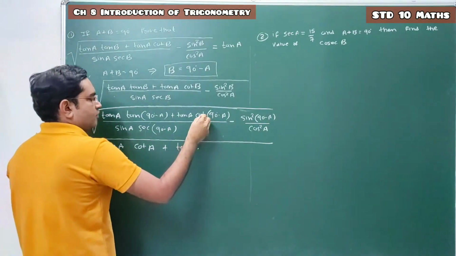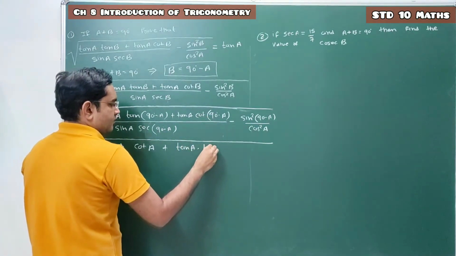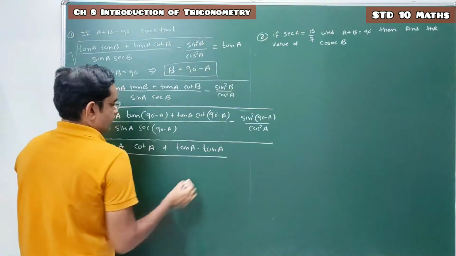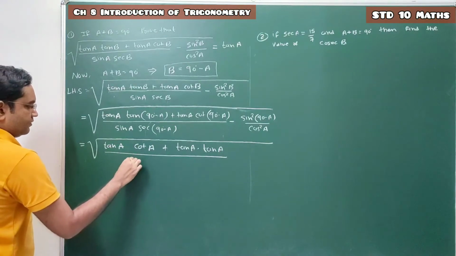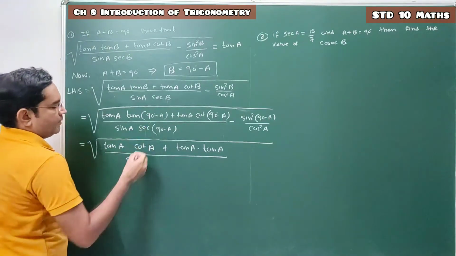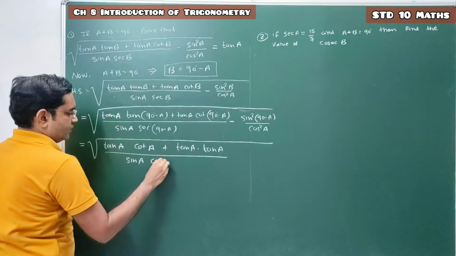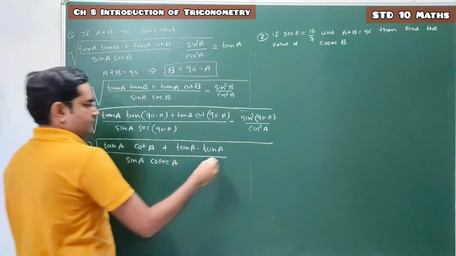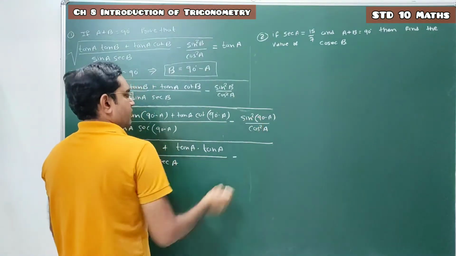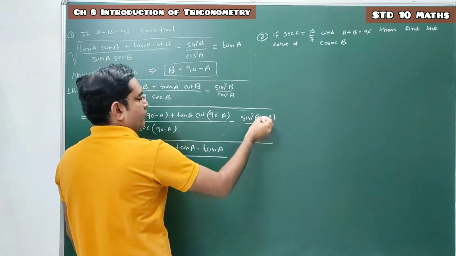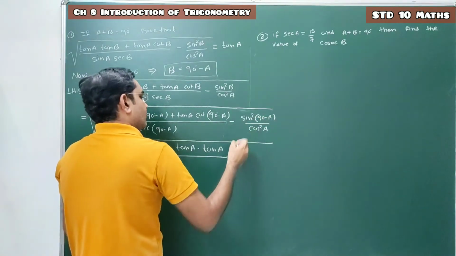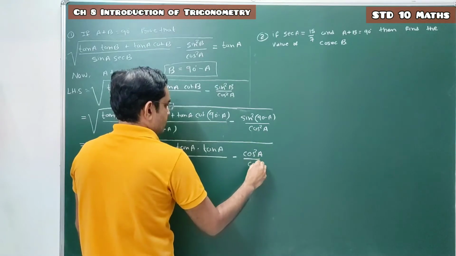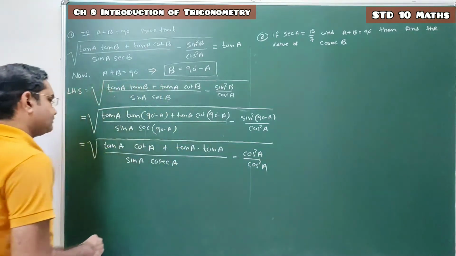So complement of cot is tan a, divided by sin a as it is, and complement of sec is cosec a. Sec 90 minus a is nothing but cosec a, minus sin square 90 minus a. So complement of sin is cos, so it's cos square a upon cos square a.